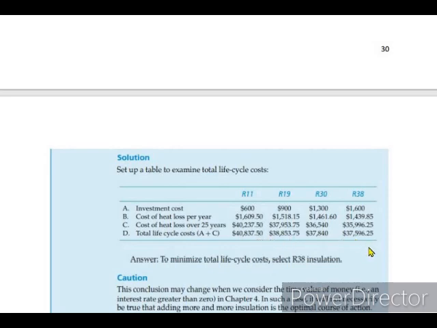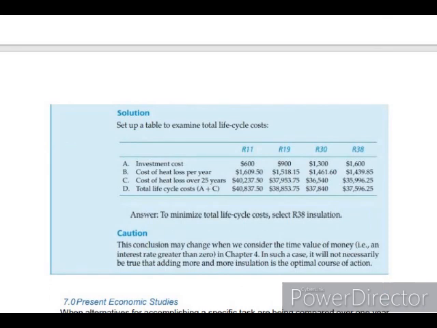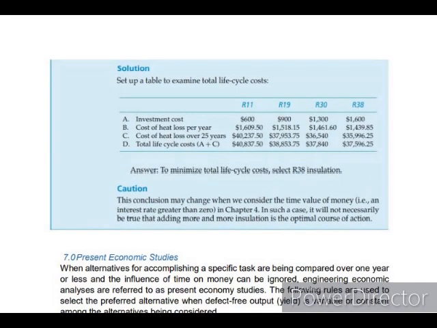And now you notice that R38 yields the lowest. That's why the answer here is, to minimize the total life cycle cost, select R38 insulation because it has the minimal total life cycle cost.